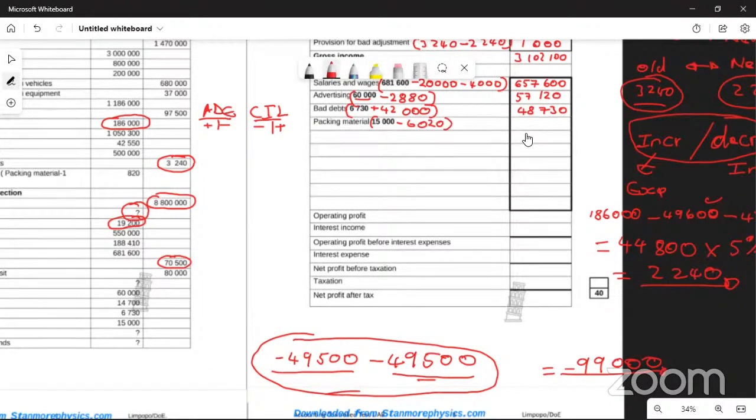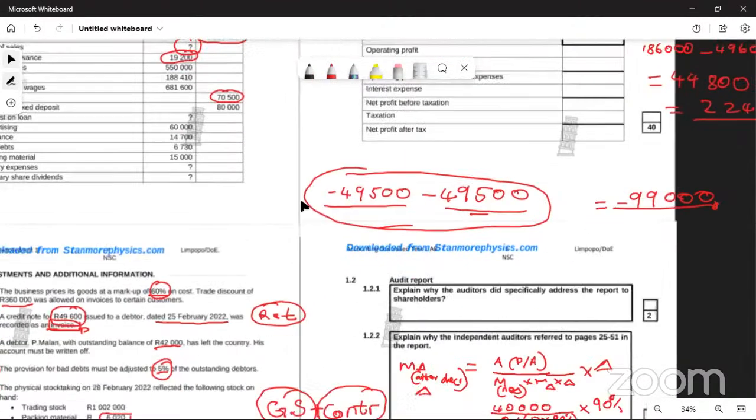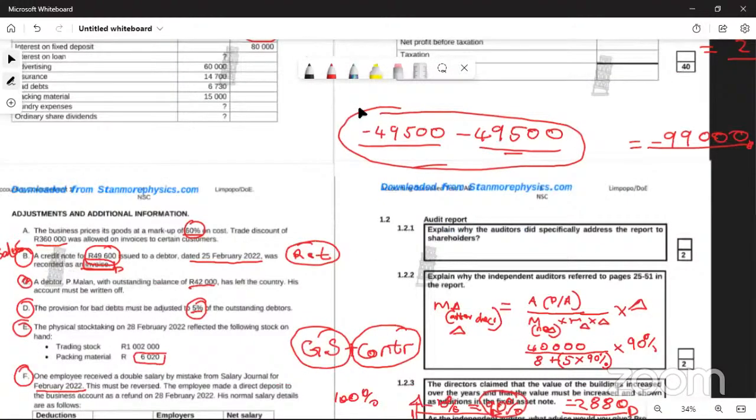Then we are going to get how much? We are equal any information regarding the packing material before we subtract.